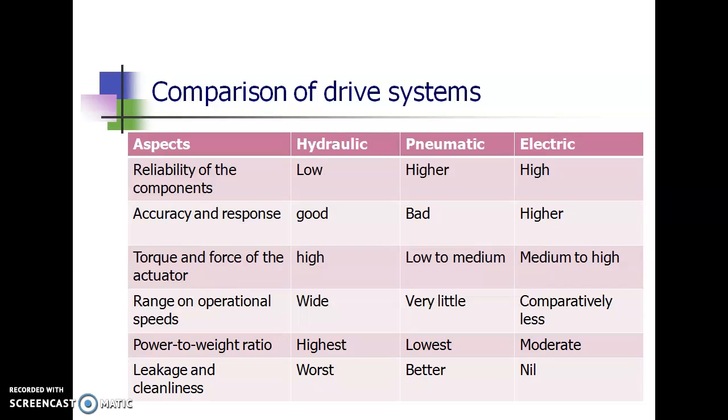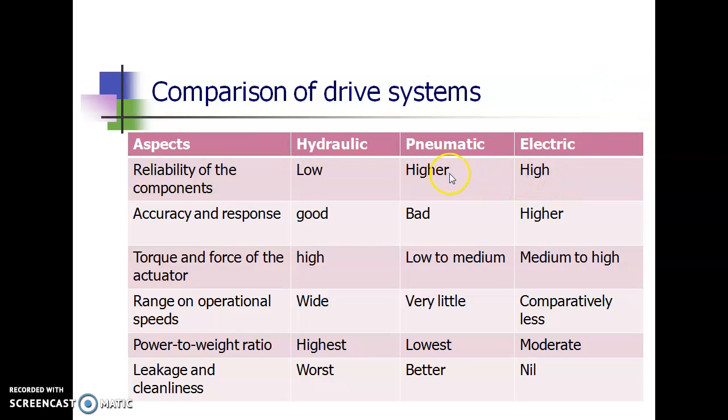When we are comparing the various drive systems, we are going to consider various characteristics or aspects: hydraulic drives, pneumatic drives and electrical drives. The first one is reliability of the components. For hydraulic drives the reliability is low, for pneumatic it is higher, and for electrical it is high.